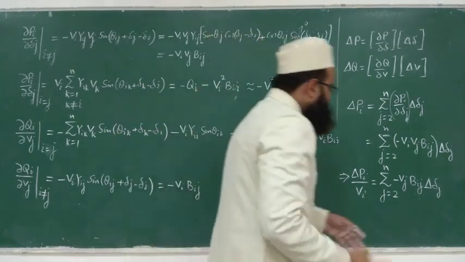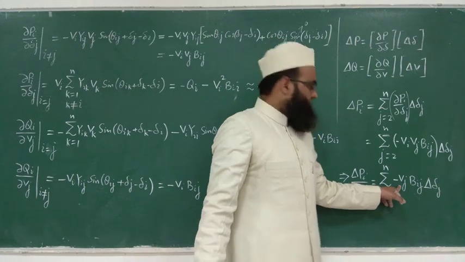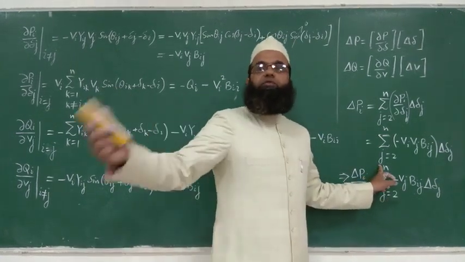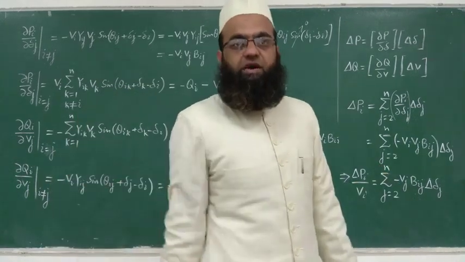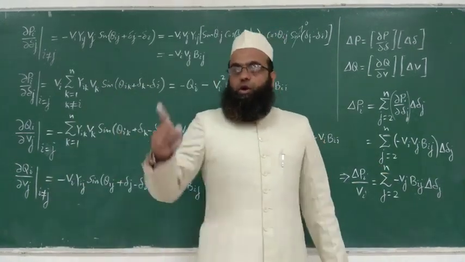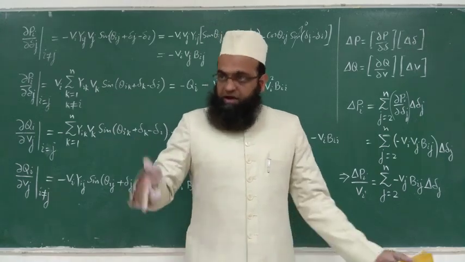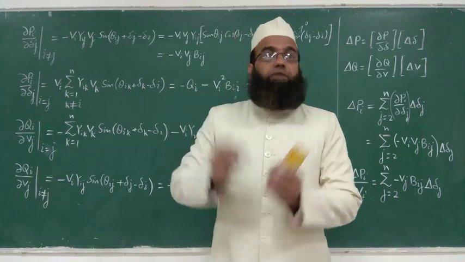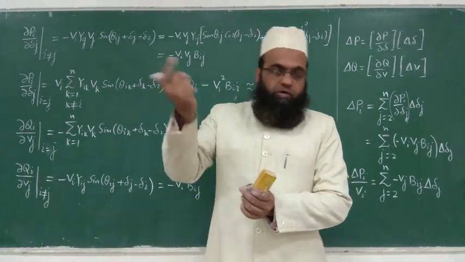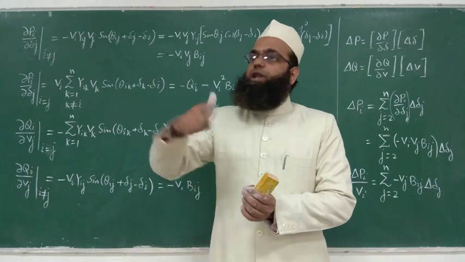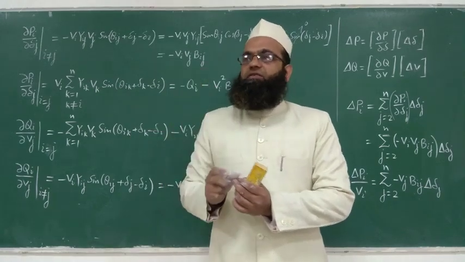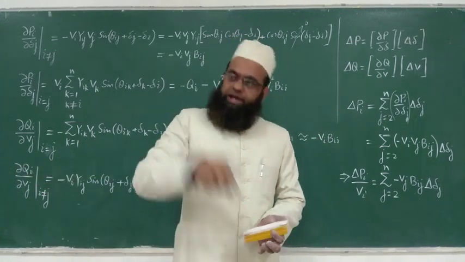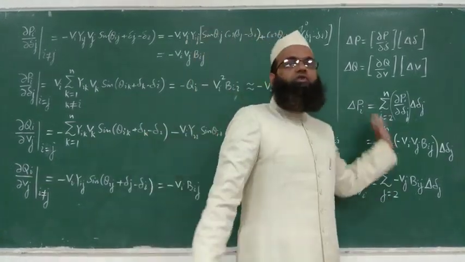So Vj, with J equal to 2 to n, means bus voltage magnitudes of all the buses can be assumed to be 1 per unit, as in practice the voltages are not allowed to deviate beyond the limits. It should not be below the lower limit or above the upper limit, and that tolerance is nearly 5% or hardly 10%. So that's why we can further assume it. Why are we assuming? Lots of assumptions are there.